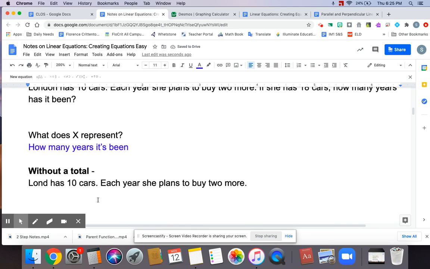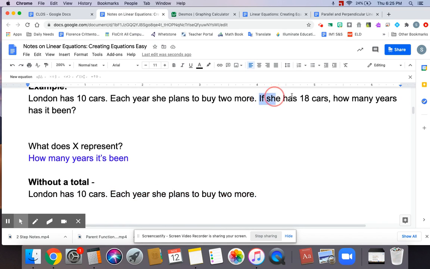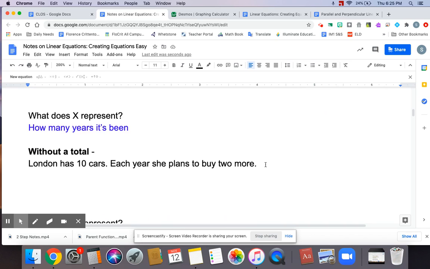If I try to create this without the totals yet, it says London has 10 cars. Each year she plans to buy 2 more. This part's about the total, so let's not talk about that. We're going to focus on this. So I have 10, she has 10 cars.